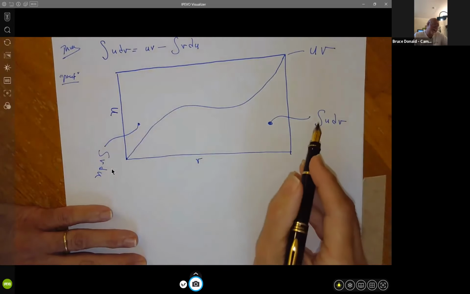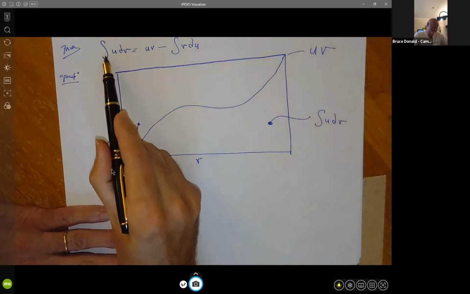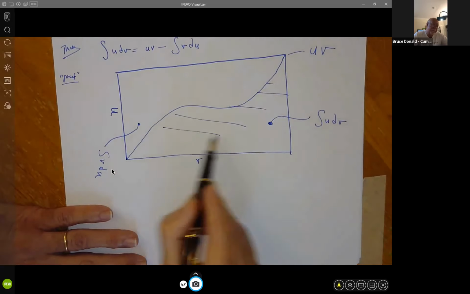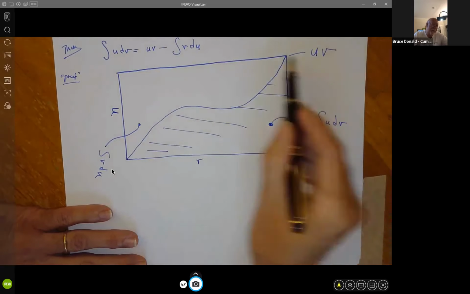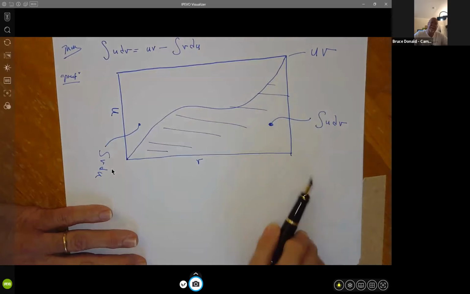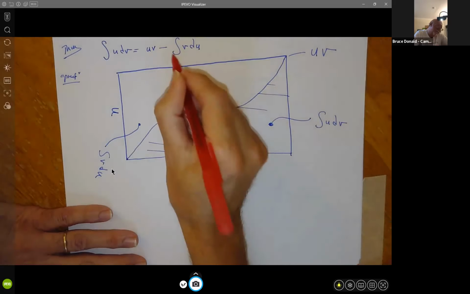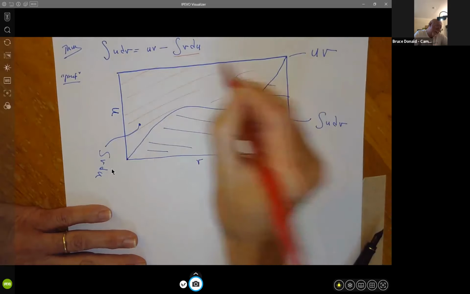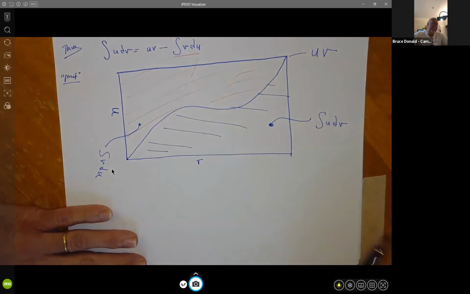So this just says, if we want to know the integral of u dv, which is everything under here, we just take u times v, which is the area of the entire rectangle, and subtract from it this thing here, which is the integral of v du.